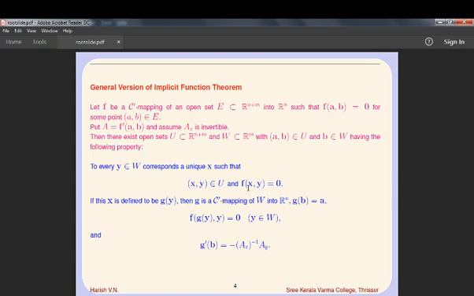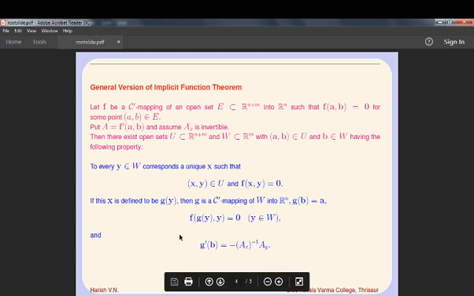So this g is a C dash mapping of W into Rn, a equal to g of b, and f of what is x? It is g of y. f of g of y comma y is equal to 0 for all y in W, and more than that, the derivative of g can be computed at the point b. That is given by this formula, minus Ax whole inverse into Ay.